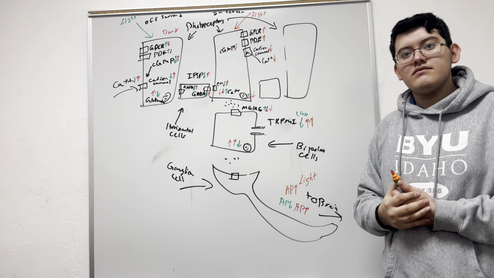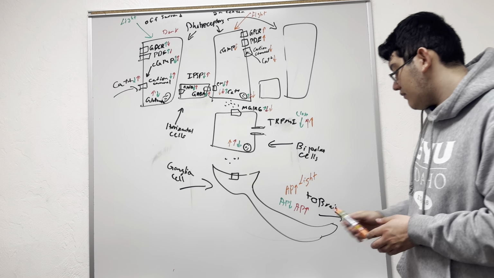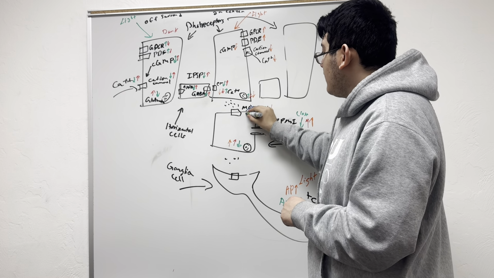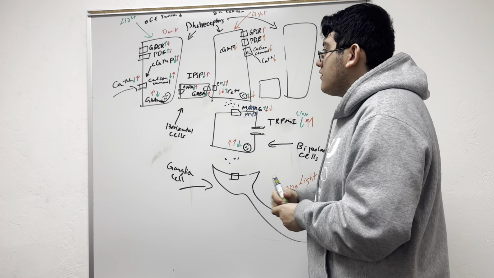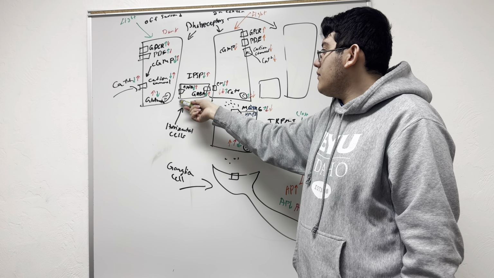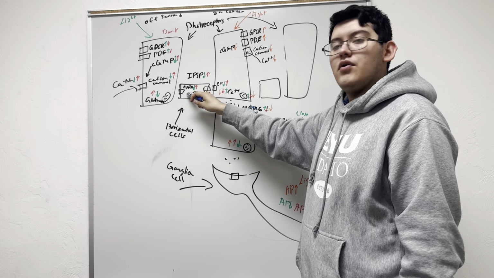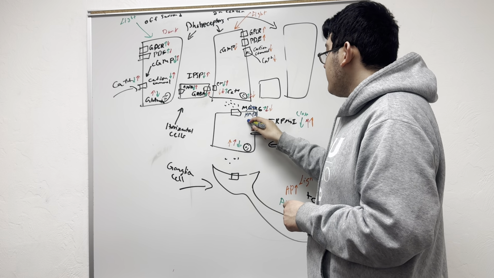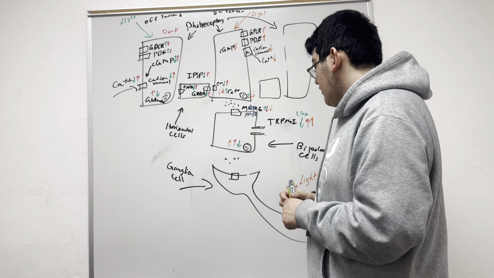I want to change mGlu6 to AMPA, and what will happen? If we get rid of the mGlu6 and have that become AMPA, it's going to change a couple of things. When more glutamate is released here, there's going to be an activation of AMPA, which is tied to the TRPM1.